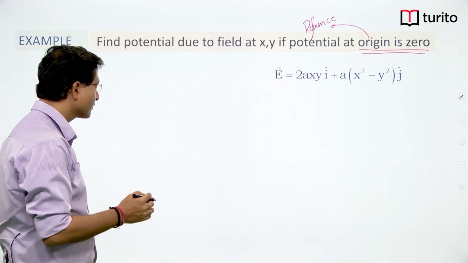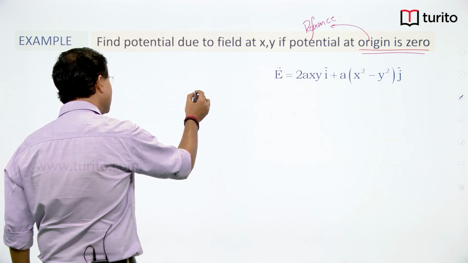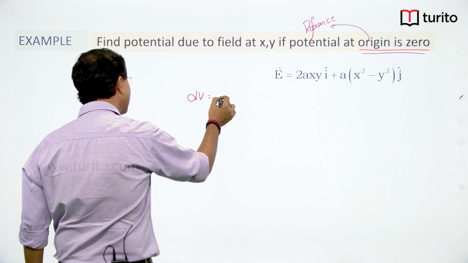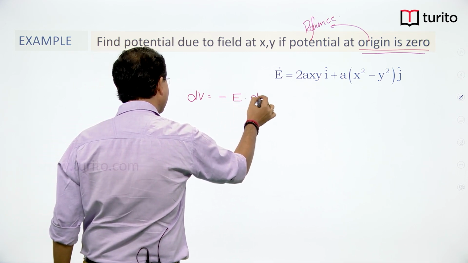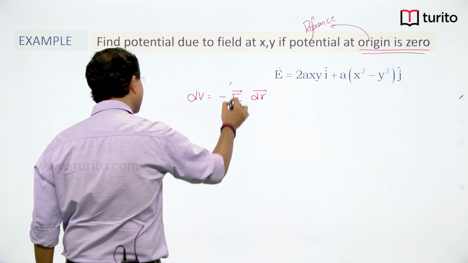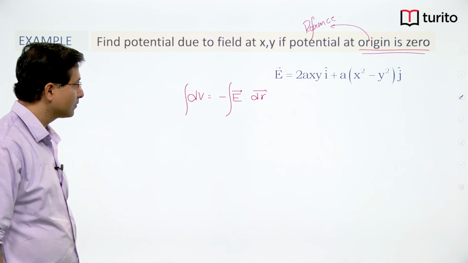Now, so field is given and we need to find out potential. Expression is dV is equal to minus E dot dr. Right.